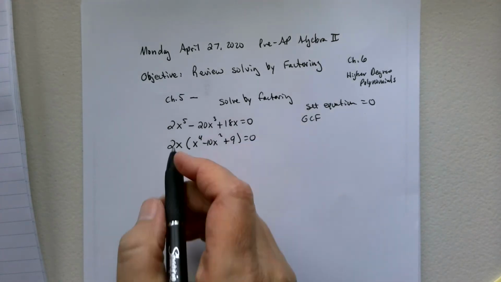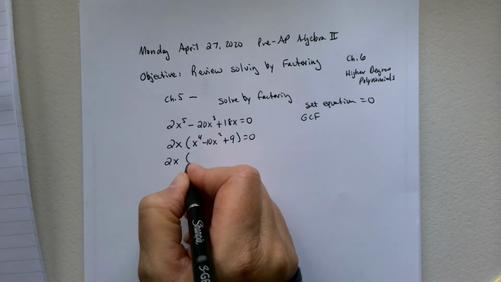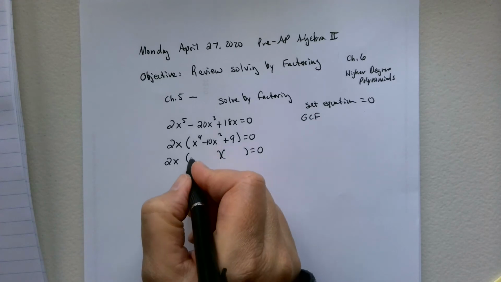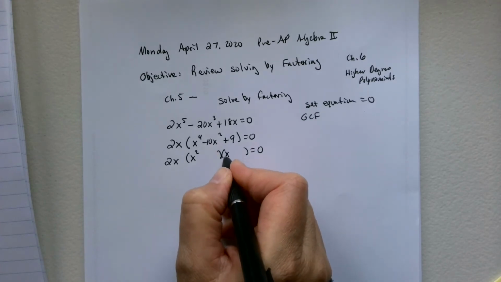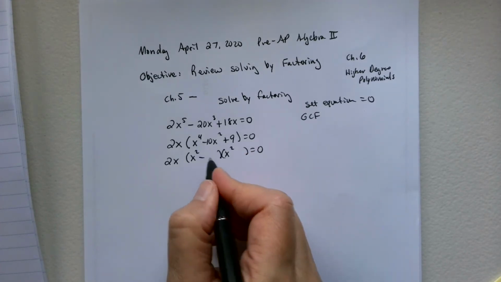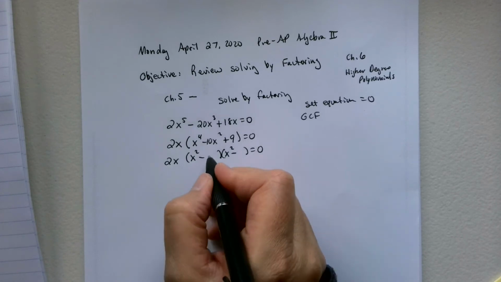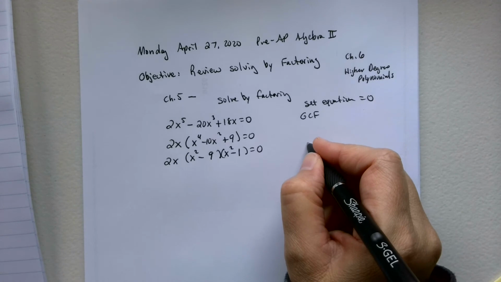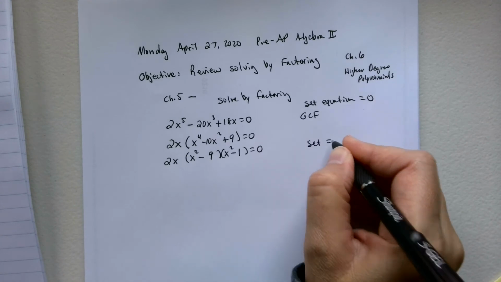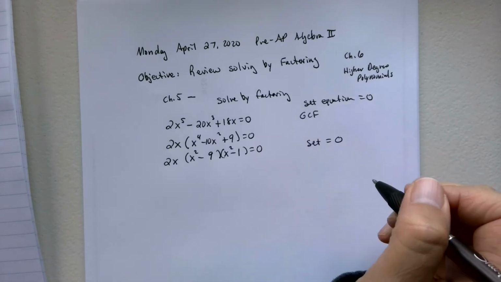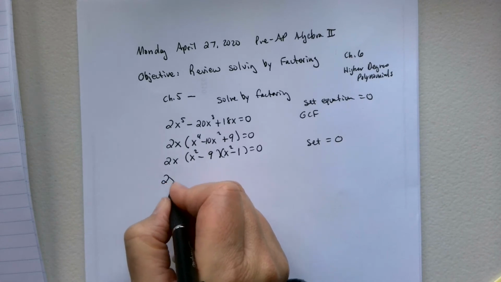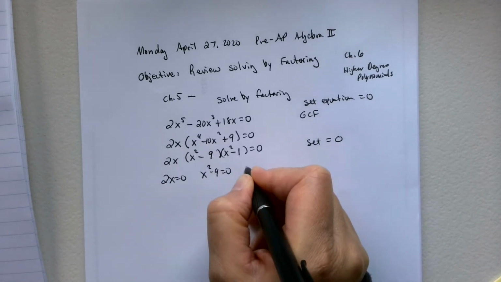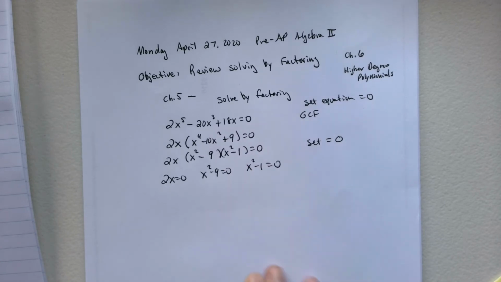And after we've taken out the GCF, we want to continue factoring. We have a quartic that we can factor into two binomials. So this is going to be x squared and x squared. We're going to need double negatives. Factors of 9 that add up to 10 are 9 and 1. Remember that after you factor, you want to set each factor equal to 0. And so I'm going to have 2x equals 0, x squared minus 9 equals 0, x squared minus 1 equals 0.